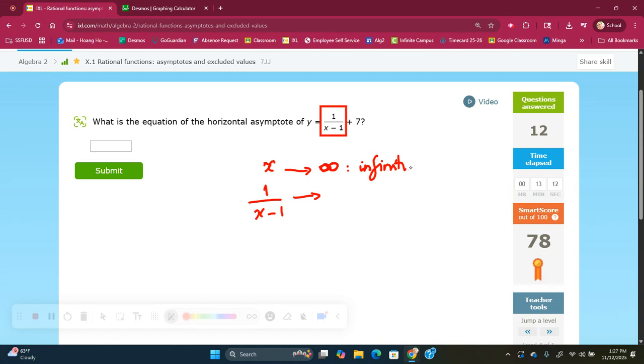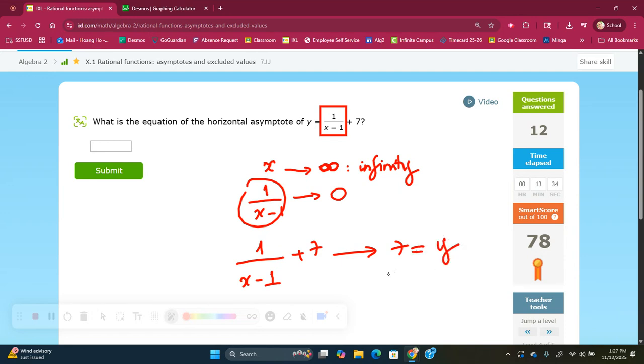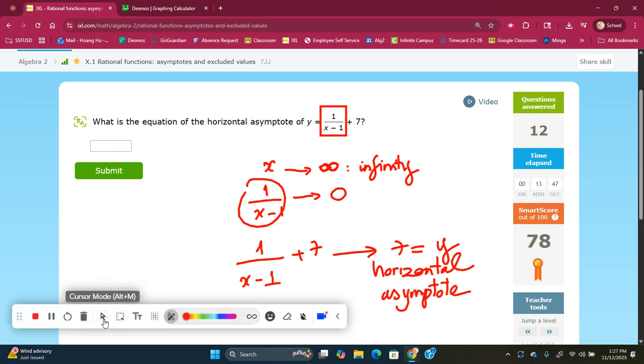So this fraction has to approach 0, because 1 over a very big number subtract 1 should approach 0. And then 1 over x subtract 1 plus 7 should approach 7. This is a horizontal asymptote. So I put the answer right here, y equals 7.